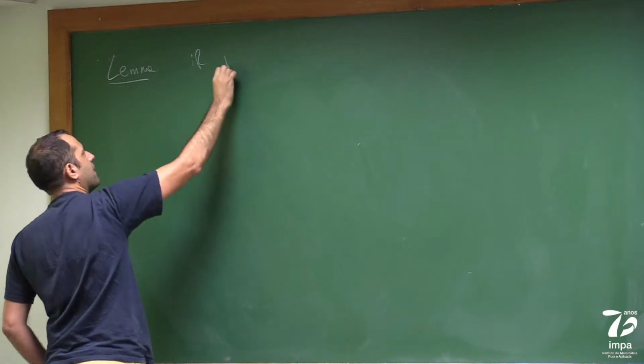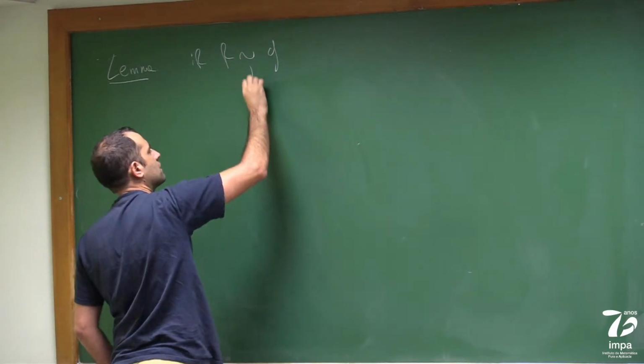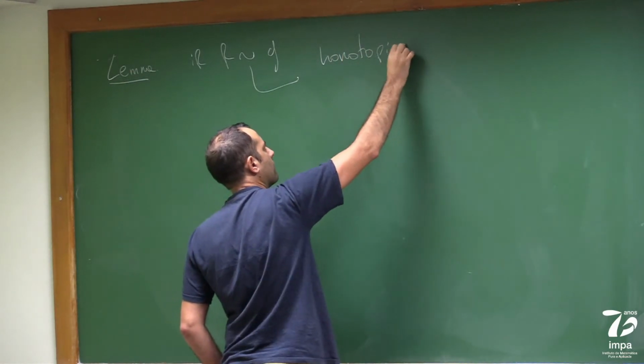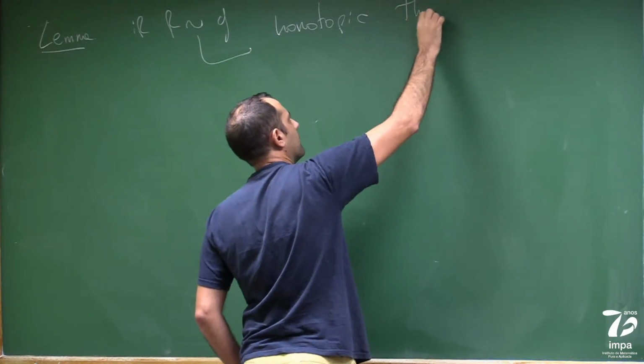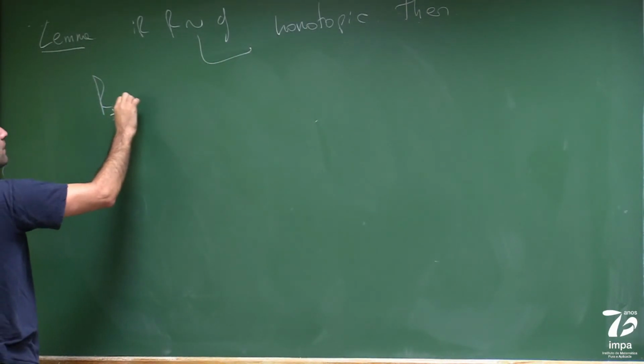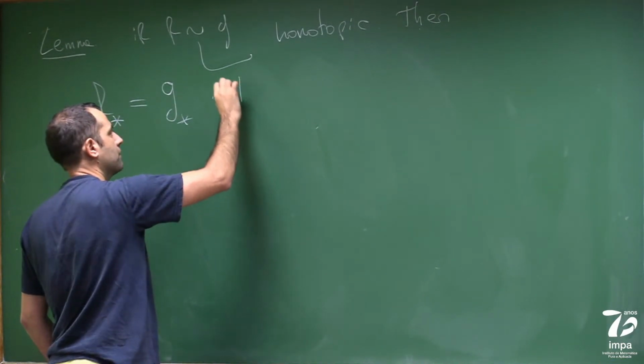If F is homotopic to G, so this means homotopic, then F star is equal to G star, and this is the map inducing homology.